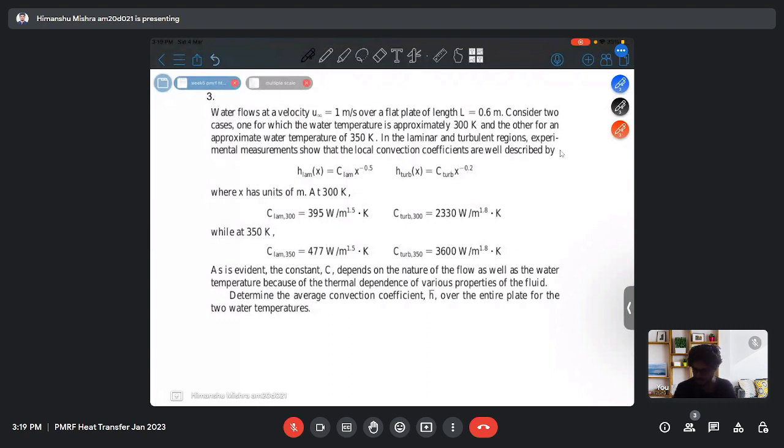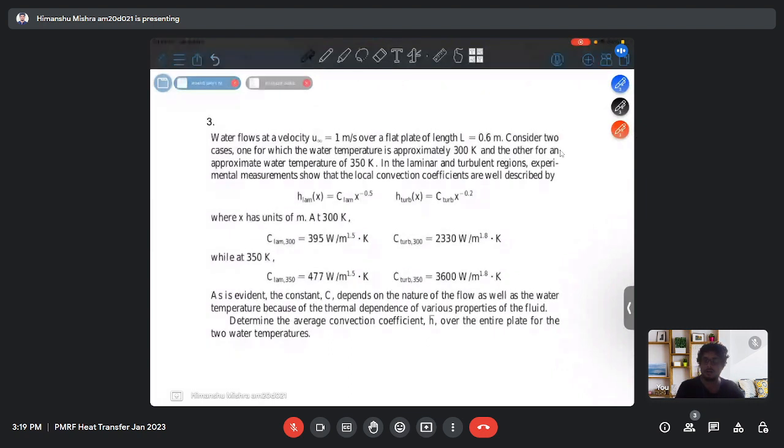So let's start with this question. Water flows at a velocity of 1 meter per second over a flat plate of length 0.6 meter. Consider two cases, one for which the water temperature is approximately 300 Kelvin and the other for an approximate water temperature of 350 Kelvin.